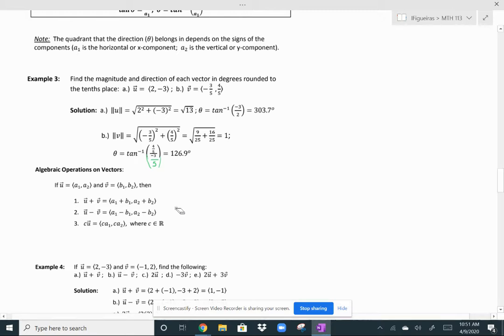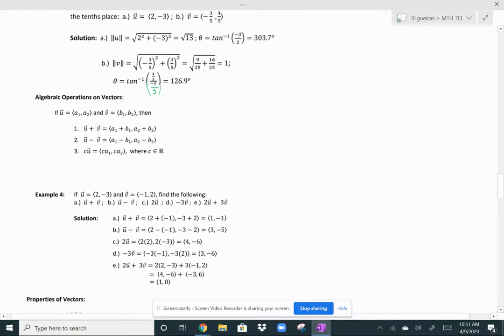And then c times u, where c is a real number, so any number, positive, negative, fraction, could be 0. Multiplying a vector by a scalar just means that each of your components get multiplied by that same scalar. So you get c a sub 1 and c a sub 2 as your horizontal and vertical components.